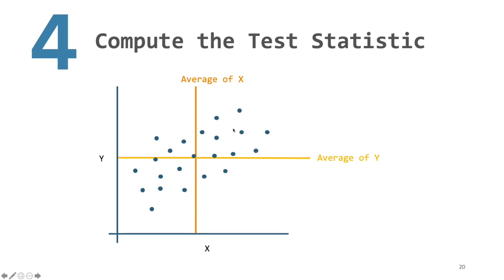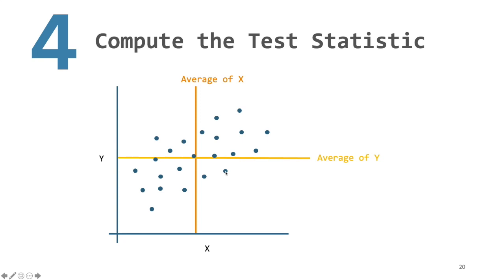Here and here are going to be positive. Positive times a positive is a positive. Negative times a negative is a positive. Over here you have a positive x, but a negative y. That means these 2 points are going to be negative values for the correlation.